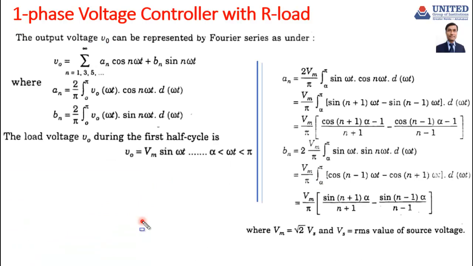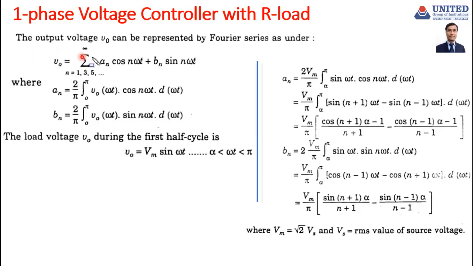Now from the waveform we see that the output quantities, that is output voltage V0 and output current I0, and also the input current Is are non-sinusoidal. Therefore, these waveforms can be described by a Fourier series. As the positive and negative half cycles are identical, the DC component and even harmonics are absent.